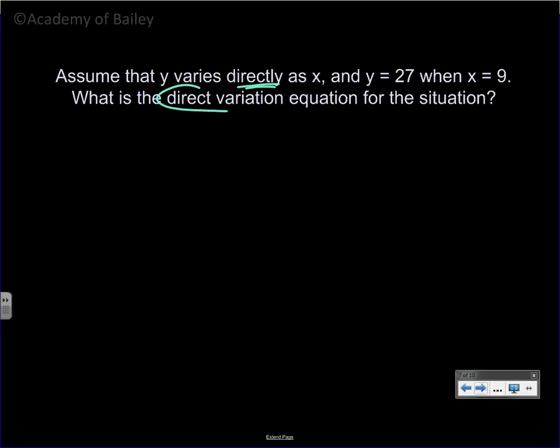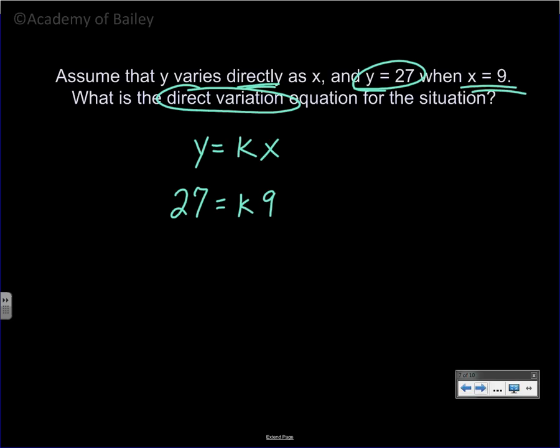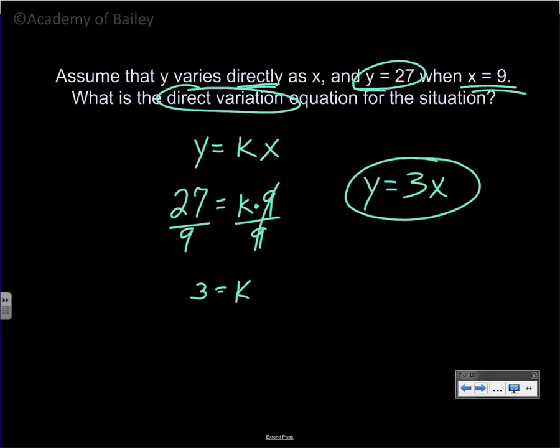So it's asking for direct variation, which is y equals k times x. y is 27. x is 9. How do you get k by itself? You divide by 9. k equals 3. So y is equal to 3 times x. And that's your equation. Plug it in there for k.